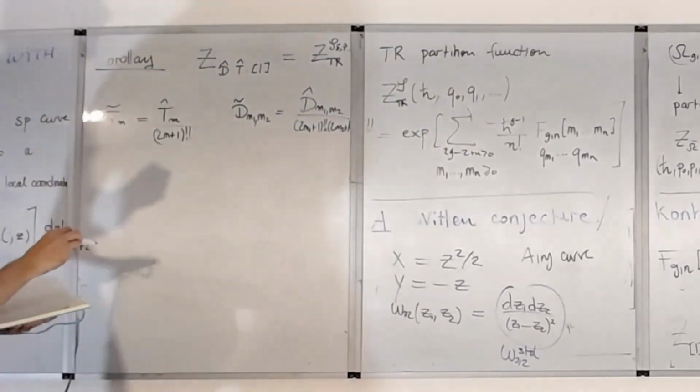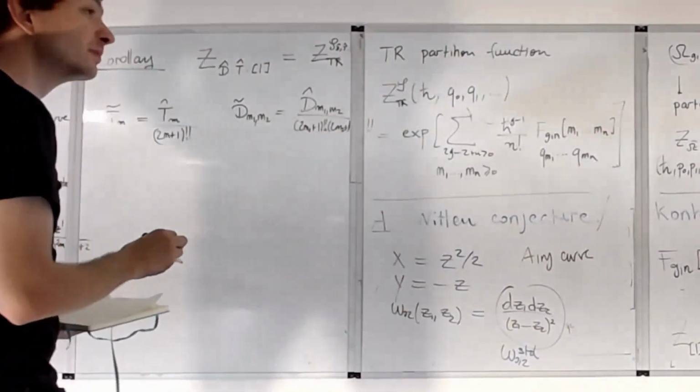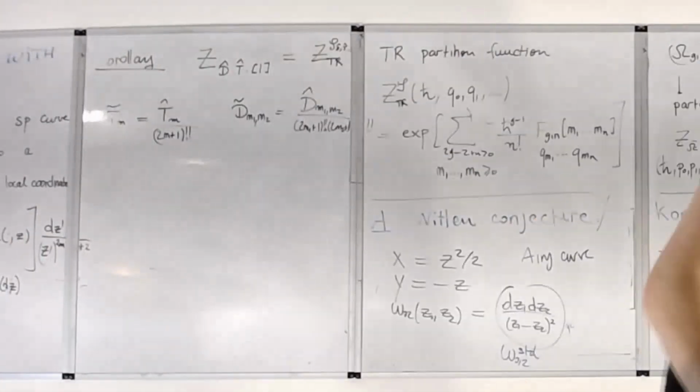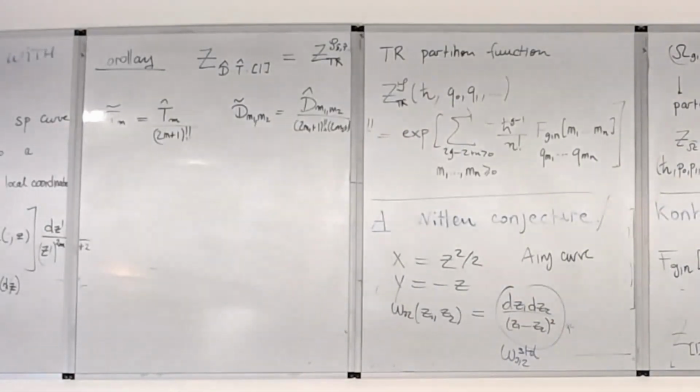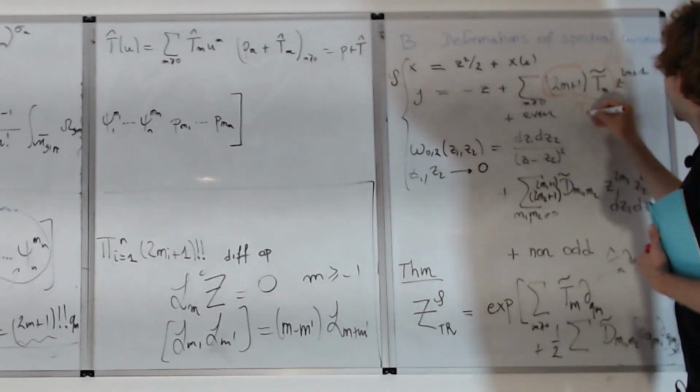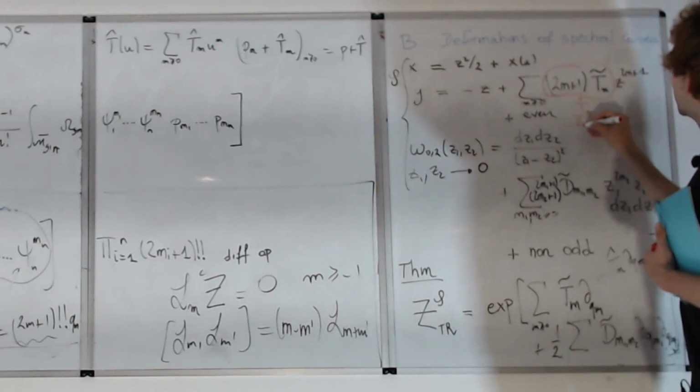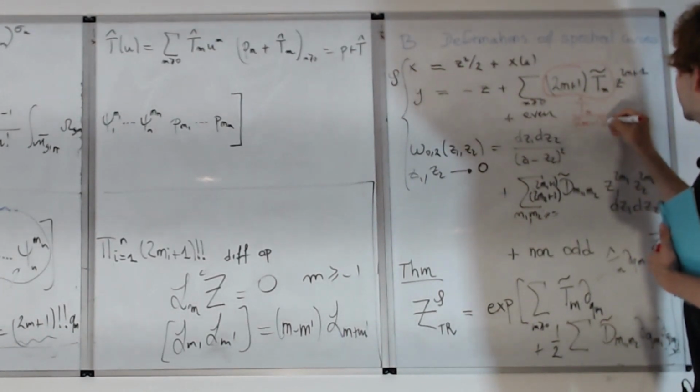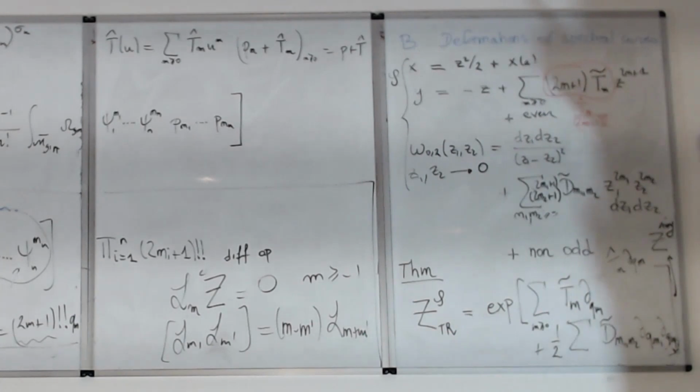So if I really write in terms of the spectral curve what that means, here this is t hat m over (2m-1) double factorial, because that is a cancellation with that.